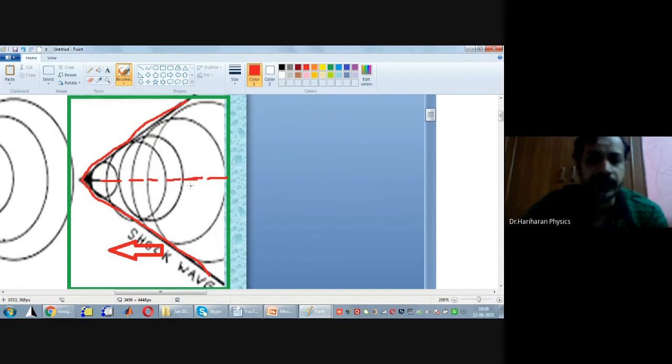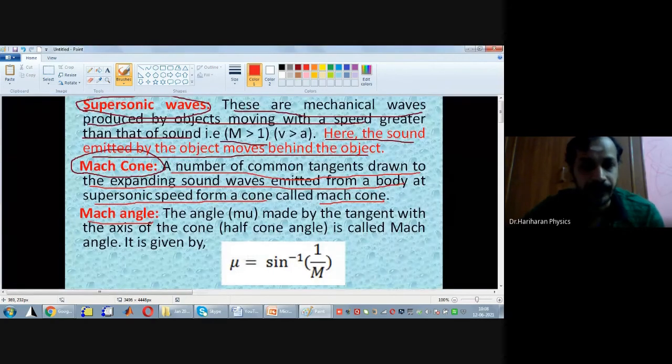If I find this angle, we may call it alpha or alpha by 2. This whole thing is 2 alpha, therefore this region is alpha. Therefore, what is Mach angle?